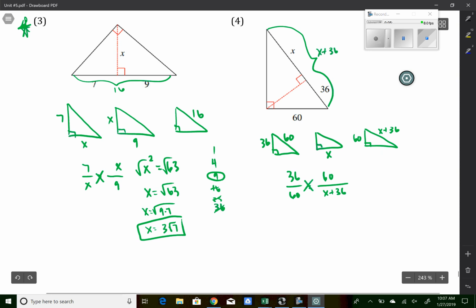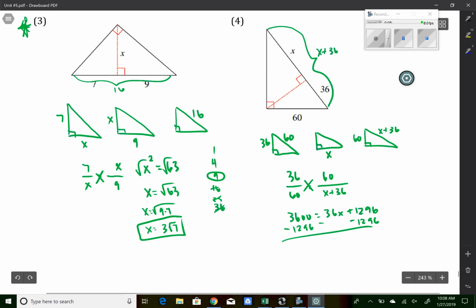Do some cross multiplying. 60 times 60 becomes 3600. 36 times x is 36x plus 36 times 36, because I'm going to distribute that. So if I do that in my calculator, that's 1,296. Subtract 1,296 from both sides.